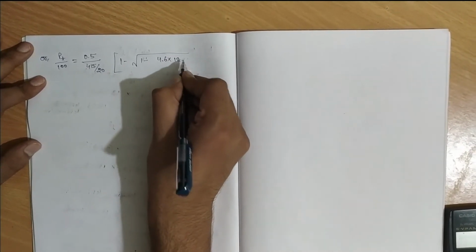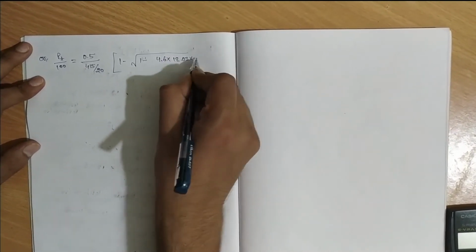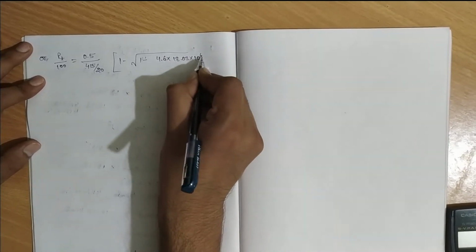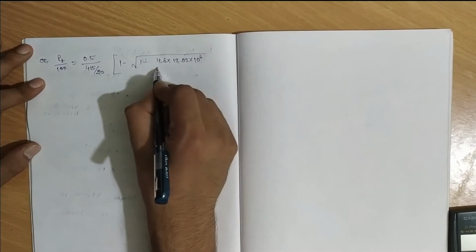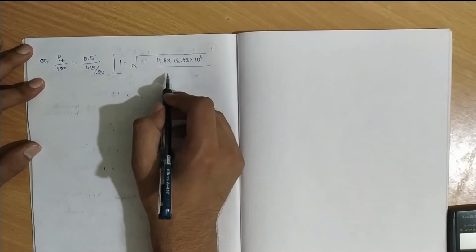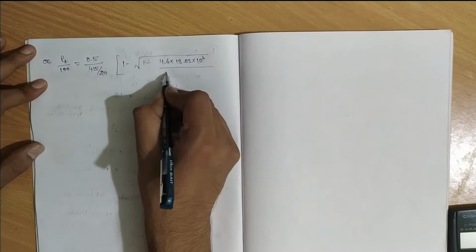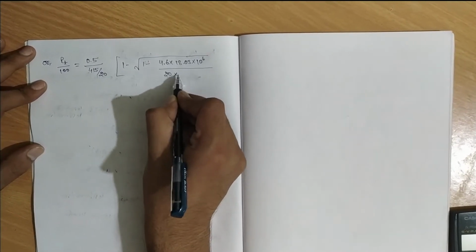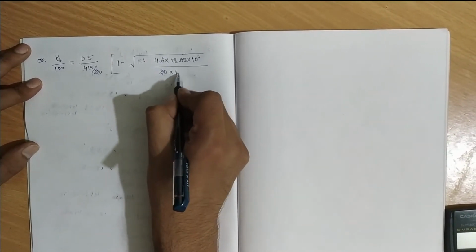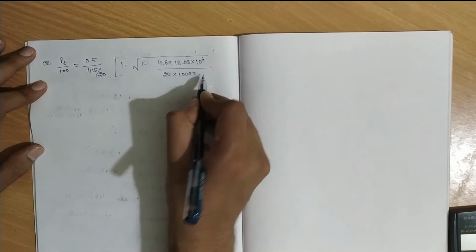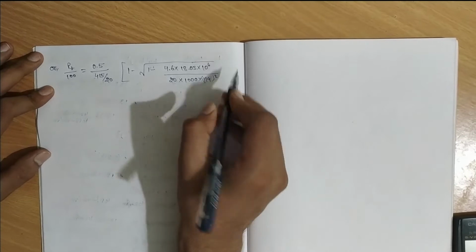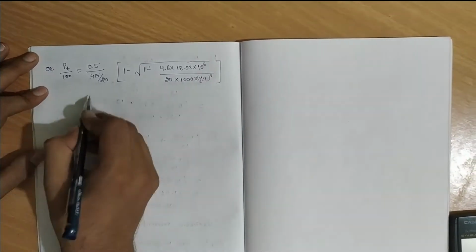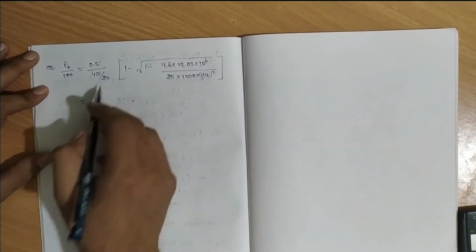In our case it's 8.03, and I will just convert its units, so it will be 8.03 into 10 to the power 6 divided by FCK, which is 20 into B and D square. Now I will calculate this.